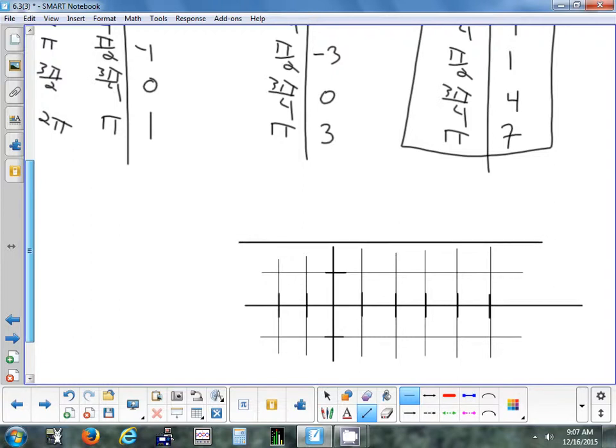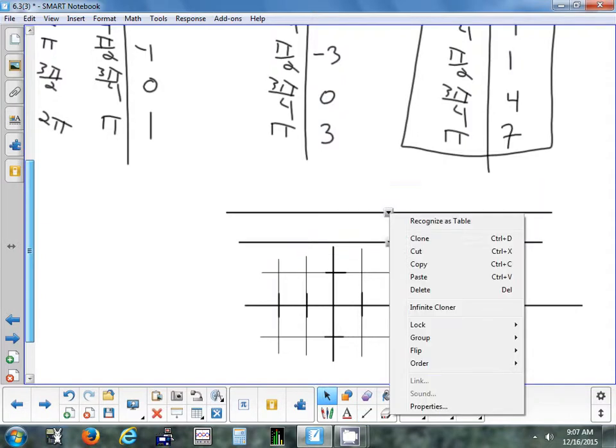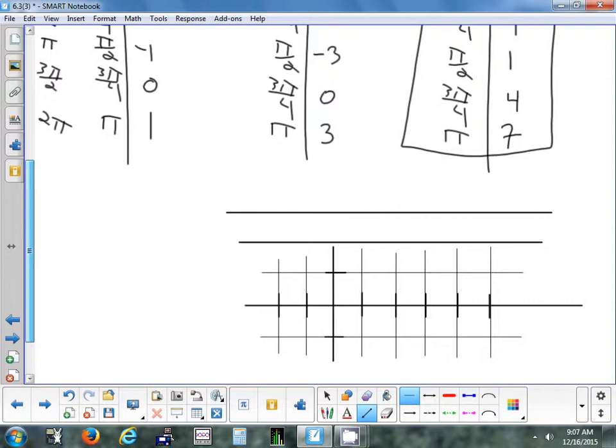So put one here, put one here. Let's go, want to make those two lines a little thinner. And let's see. You know what? I'll just sketch them in. That's easier.